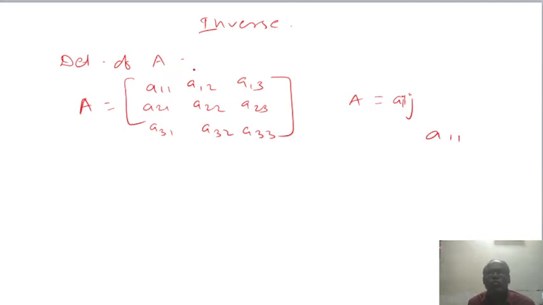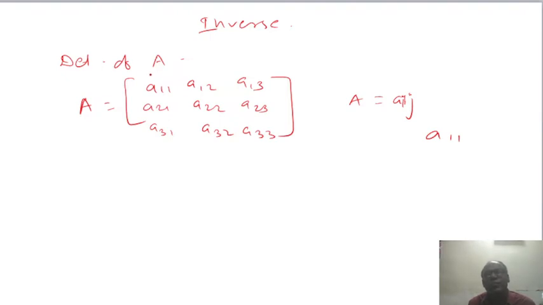A12, first row, second column element. A13, first row, third column element. Then A21, second row, first column. A22, second row, second column. A23, second row, third column. A31, third row, first column. A32, third row, second column. A33 is your third row, third column.